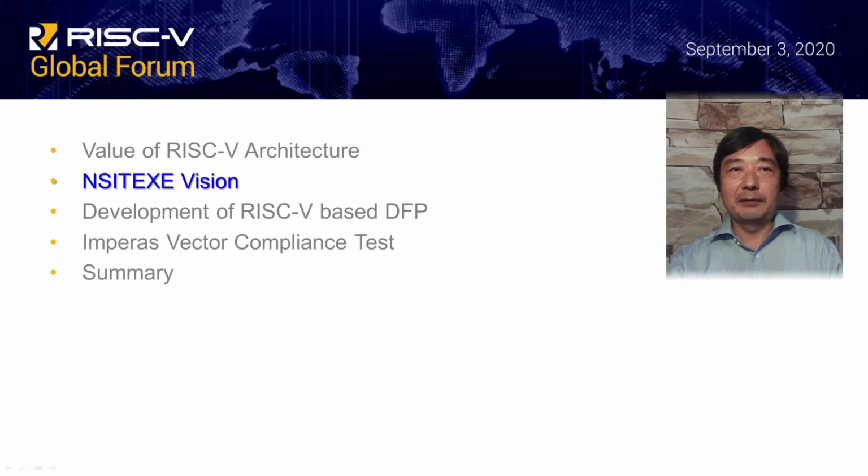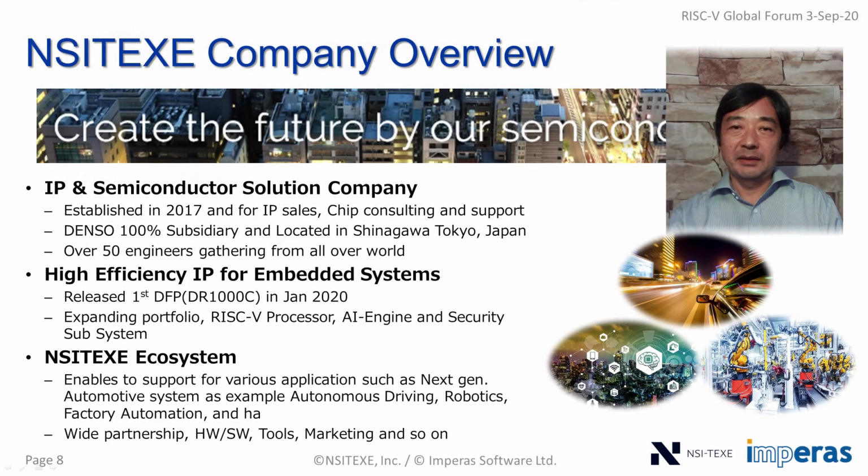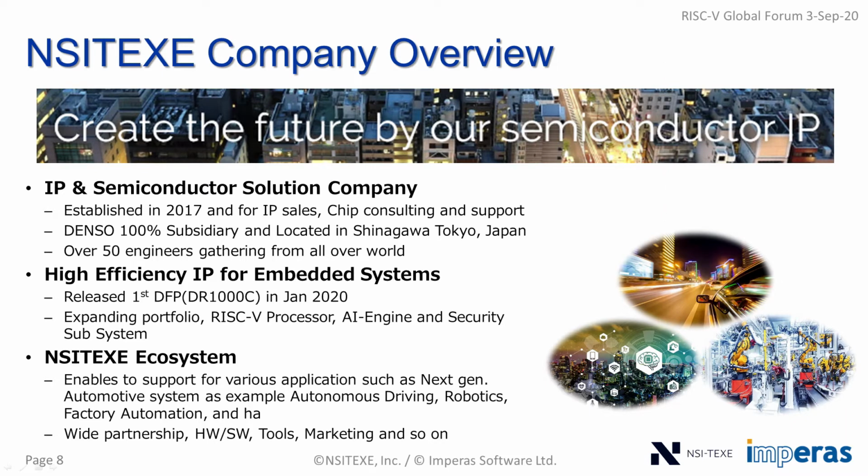Now, I will introduce our vision, including very brief company information. NSITEXE is a subsidiary of Denso, an automotive components company. We started to operate in 2017, so we are younger than RISC-V. Our major product is processor IP, which can make embedded system architecture more flexible and scalable.